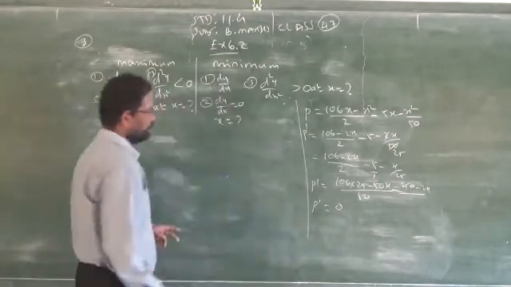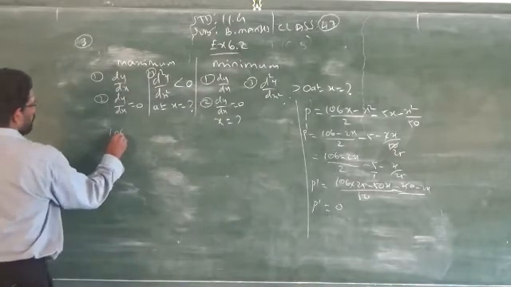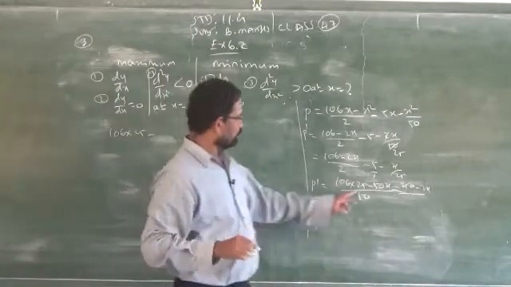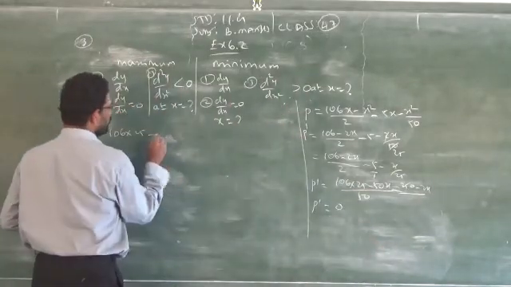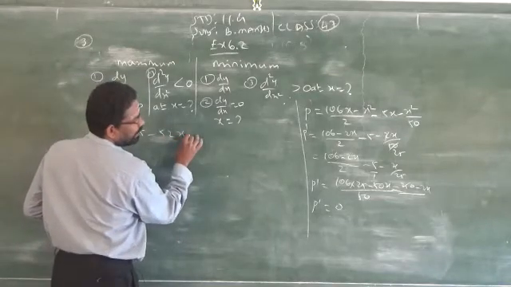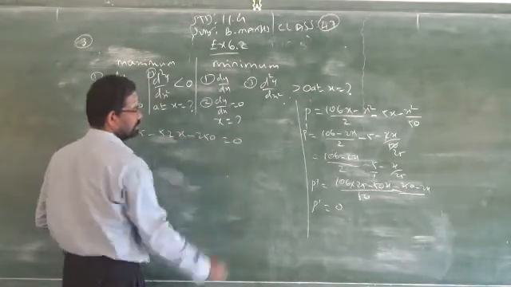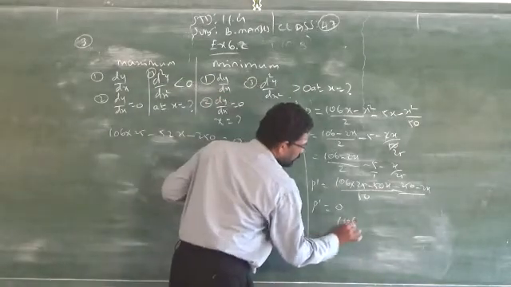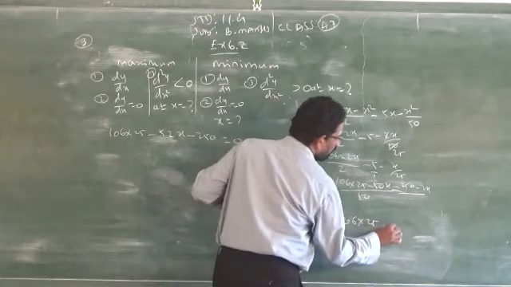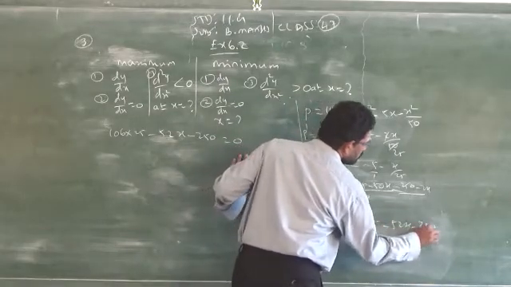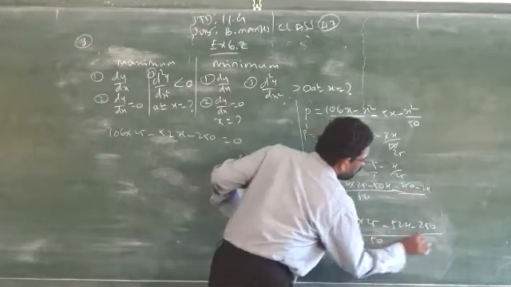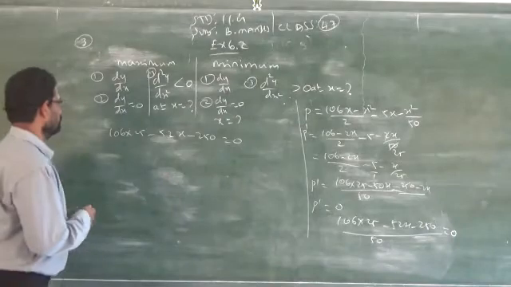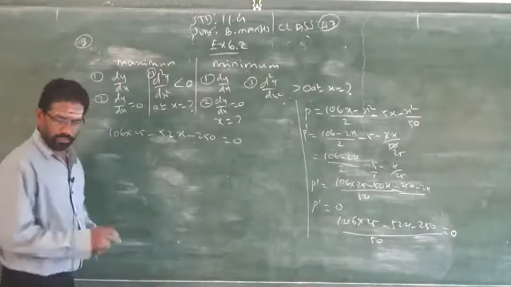After that you have to simplify 106 into 25 minus 50x minus 2x, so minus 52x minus 250 is equal to 0, because 50 will go to that side, it will become always 0. So 106 into 25 minus 52x minus 250 by 50 is equal to 0. So when you take 50 to the right side, we get always 0. Now you have to simplify and find the values of x.